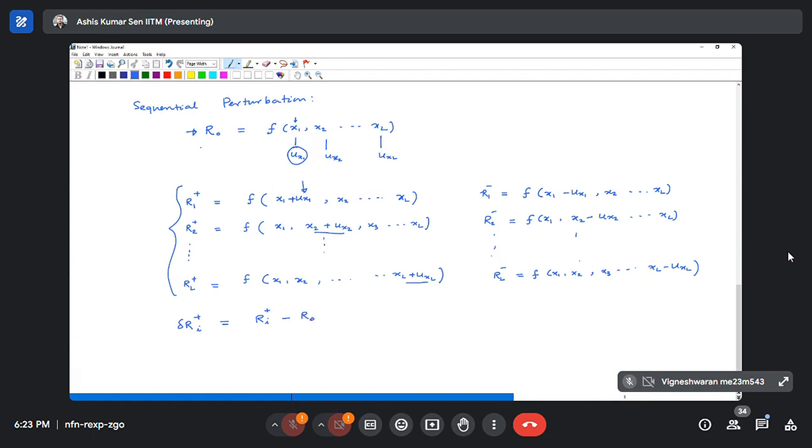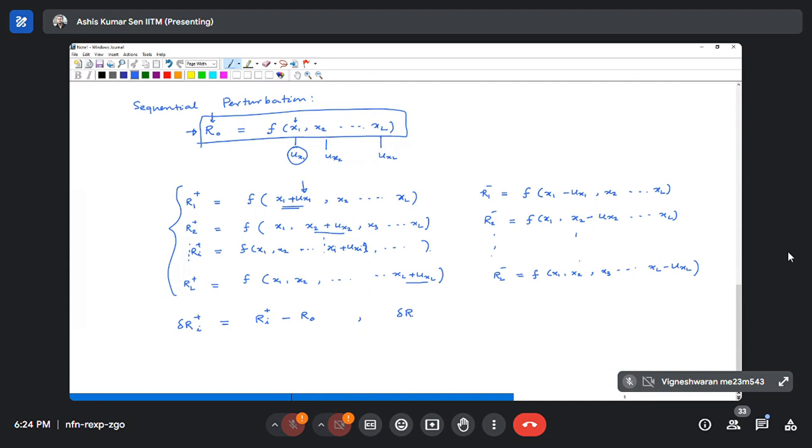So here, R naught is basically the nominal value of the dependent variable at the nominal values of the independent variables. Now I have considered the uncertainty in the first variable and second and so on. In general, let's say Ri plus will be f of x1, x2 to xi plus Uxi, right? So delta Ri plus is Ri plus minus R naught.